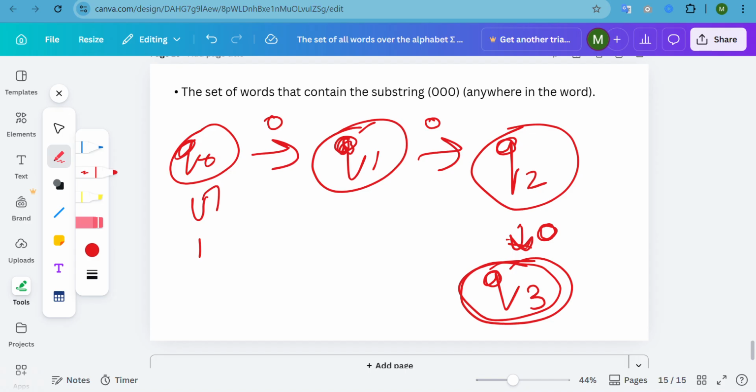What I potentially think is that if I give a 1 in a different sequence, then it can also go back and read a 1 first, anywhere in the word.